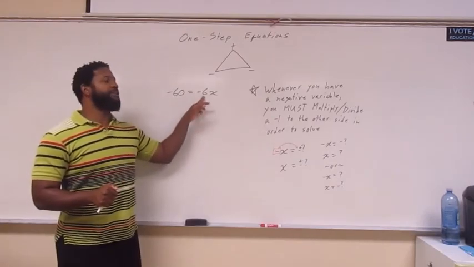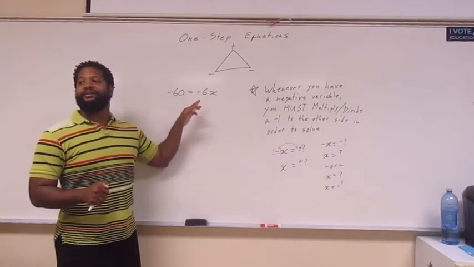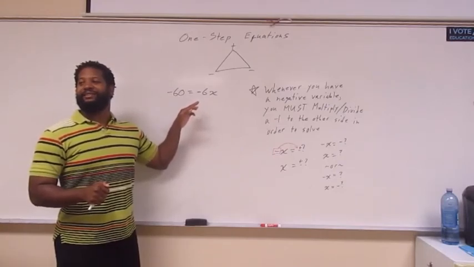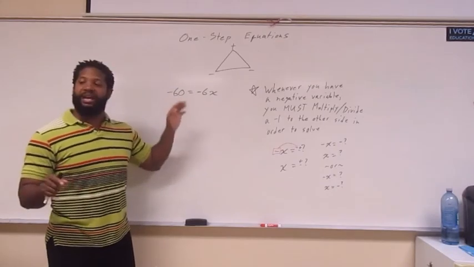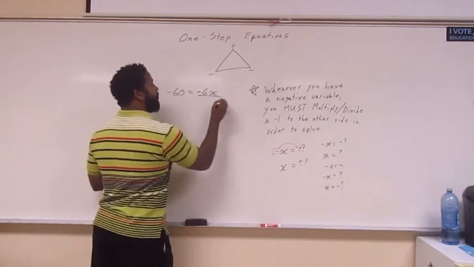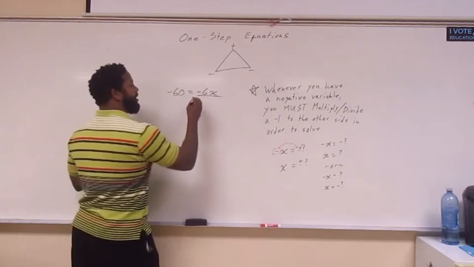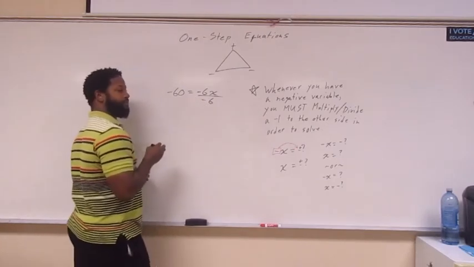Whenever you have a variable next to a number, what is happening? They're being multiplied. What's the opposite of multiplication? There you go. So what are we going to divide underneath it to get that variable by itself? Yes. And what you do on one side, you must do on the other.